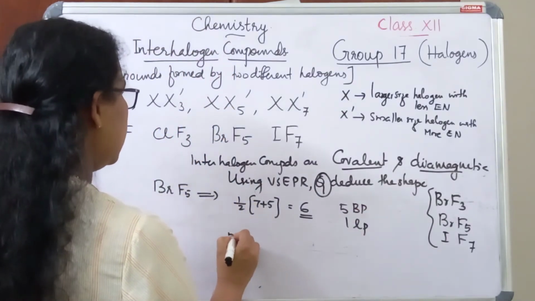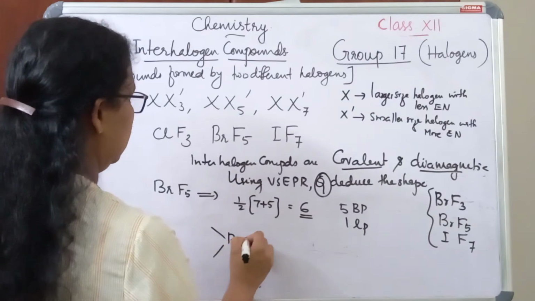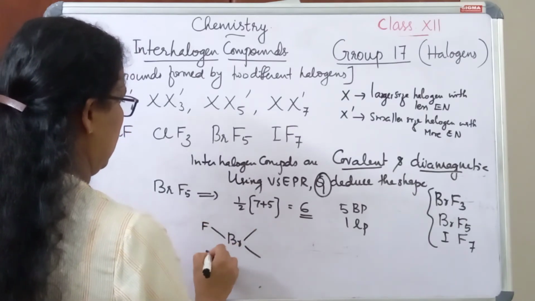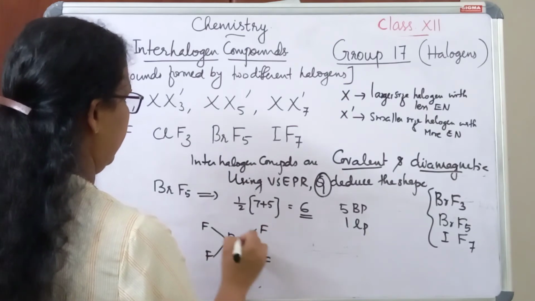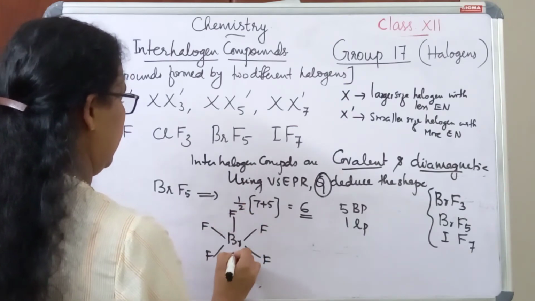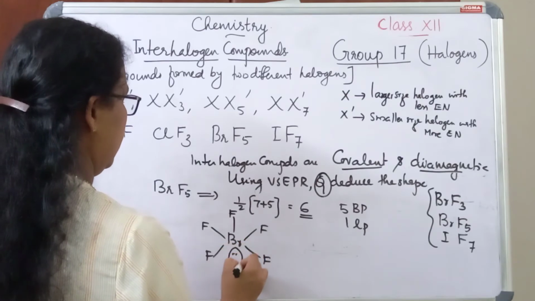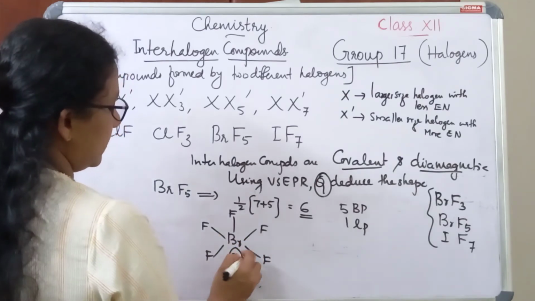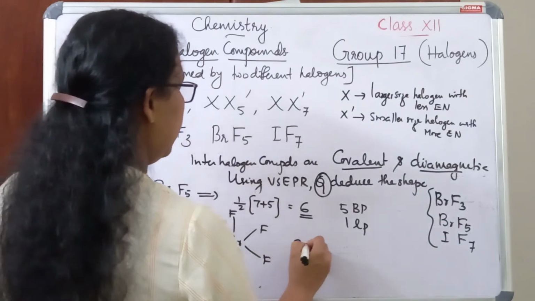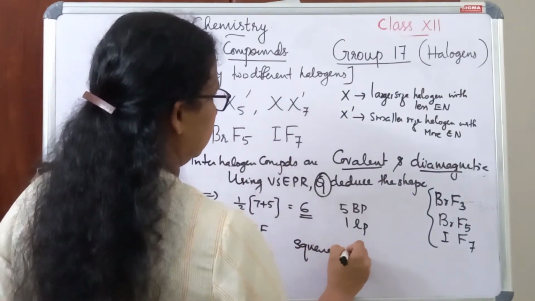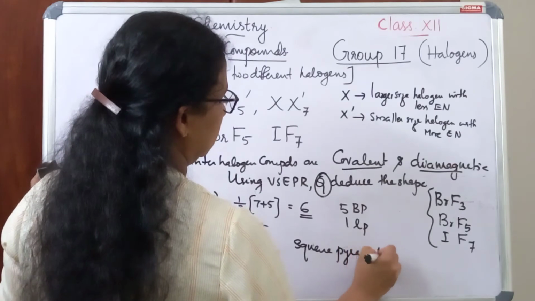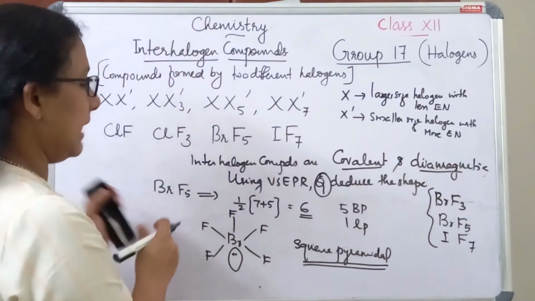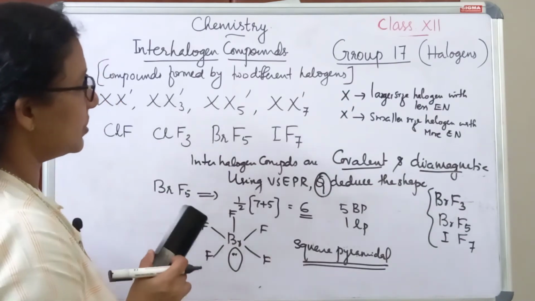So the shape is, here is the lone pair. So this is square pyramidal. So BrF5 is having square pyramidal shape.